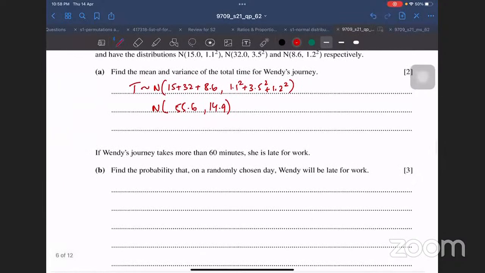If Wendy's journey takes more than 60 minutes, she's late for work. Find the probability that on a randomly chosen day she's late for work, so the total must be greater than 60. Converting this to z, I get 60 minus 55.6 divided by root of 14.9. I get 1.140.